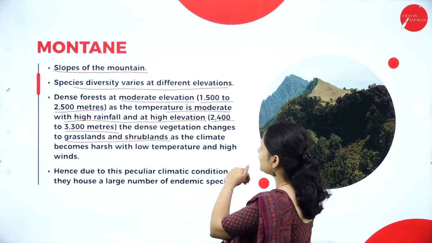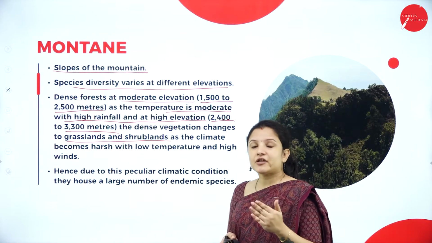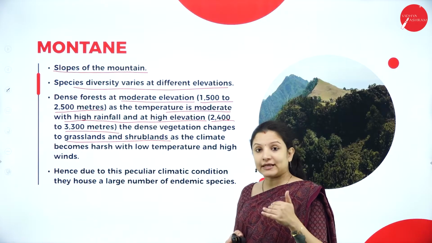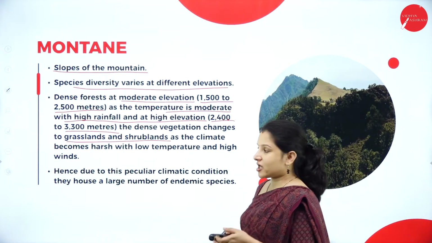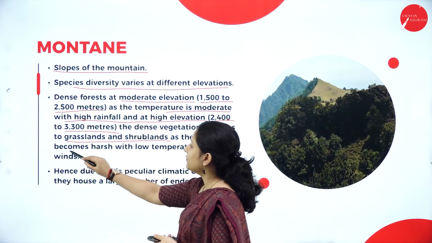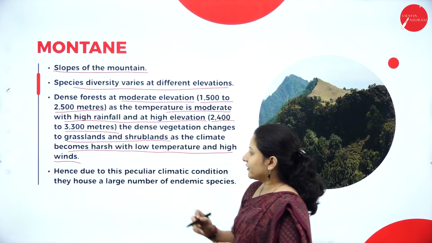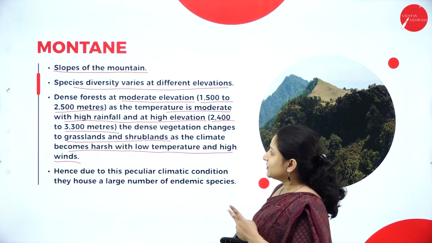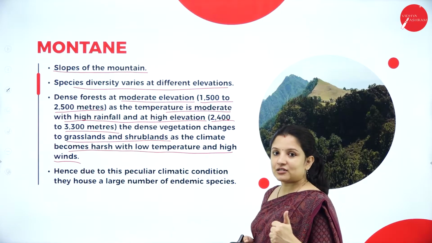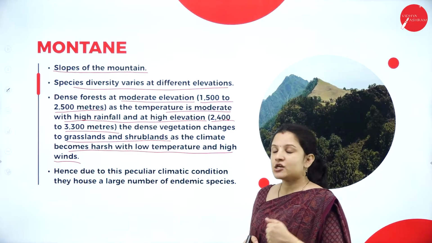But at a height of 2400 to 3300 meters, the vegetation changes from dense forest to grassland and shrubland vegetation, because the climate becomes quite harsh with low temperature and high wind. Therefore, two types of vegetation we can find in the mountain: dense forest at a certain height, and at a certain elevation grasslands and shrublands.